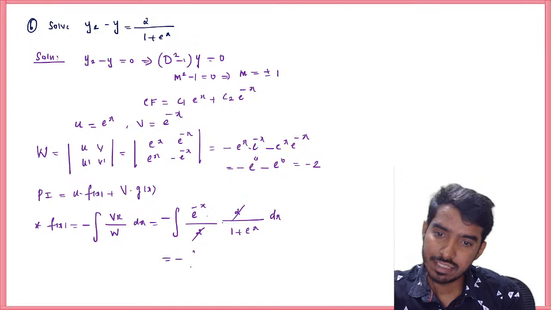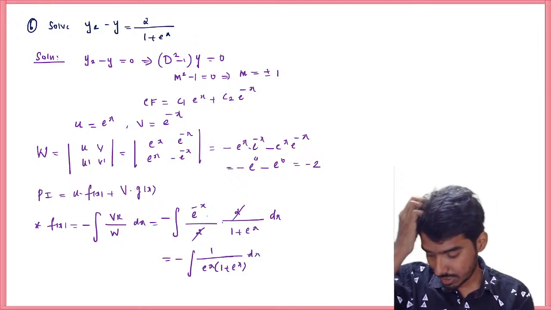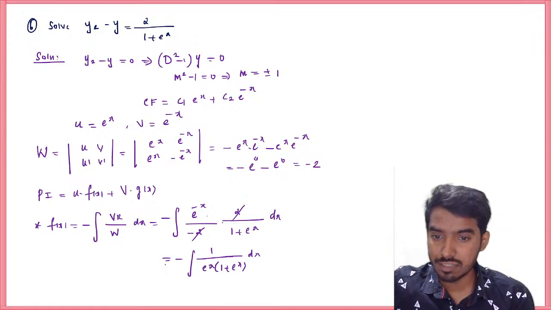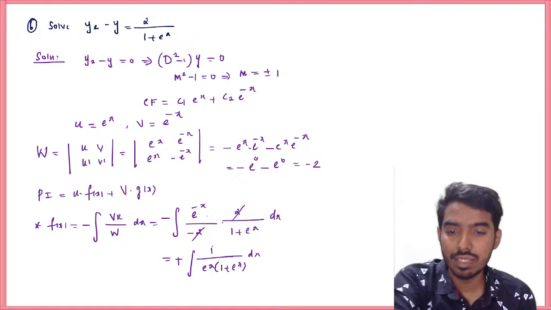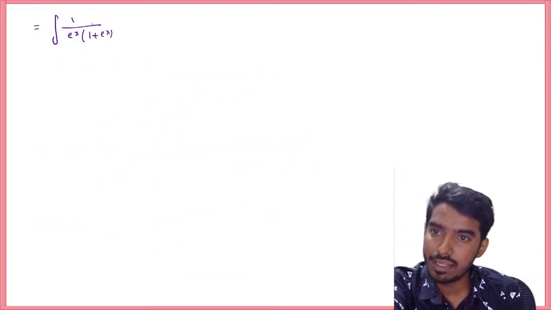So we have minus integration of 1 by (e power x plus 1) e power x dx, and since W is minus 2, this will become plus. So you have to integrate this, right? Integration of 1 by e power x into (1 plus e power x) dx. We have to integrate this.